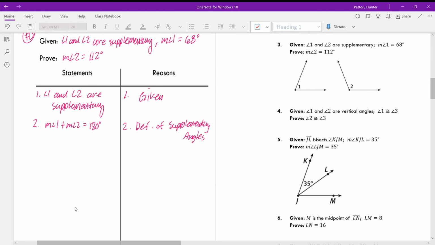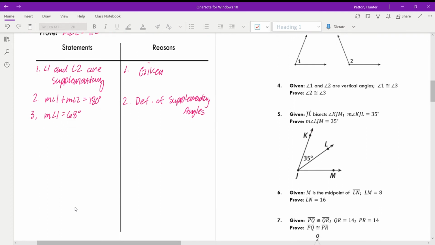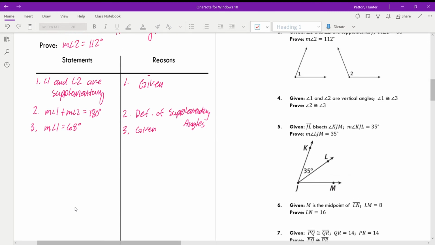Okay, now I have this measure of angle 1, but I know what the measure of angle 1 is in my other given. So let's go ahead and state that other given right now. The measure of angle 1 is equal to 68 degrees. That's just a given. Now, I'm trying to show the measure of angle 2 is 112.